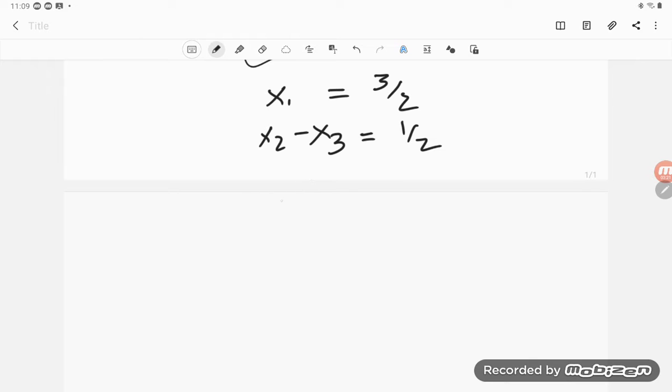And so we have our x1 equals 3/2. X2 is 1/2 plus, gotta watch my negatives there, x3. And then x3 is just some value, t or z or whatever, so let me say that's t, arbitrary.